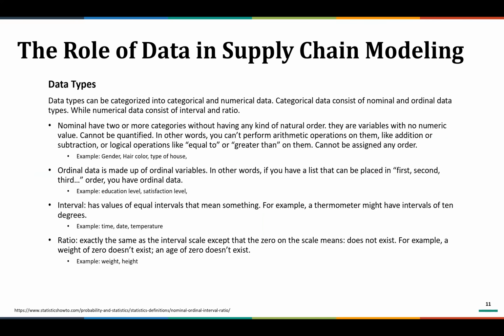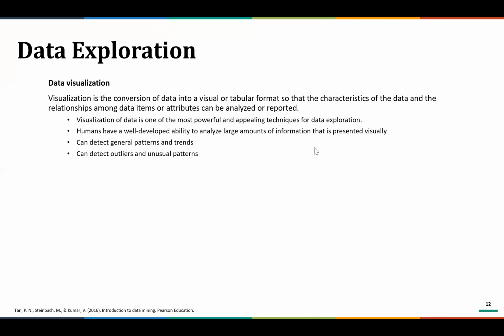This is also important: understanding the type of data in terms of statistical properties. It can be nominal, ordinal, interval, or ratio data. You need to understand each of them because they represent the characteristics of the data.